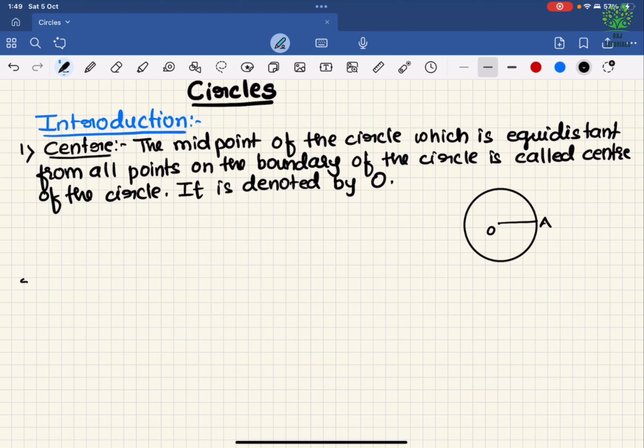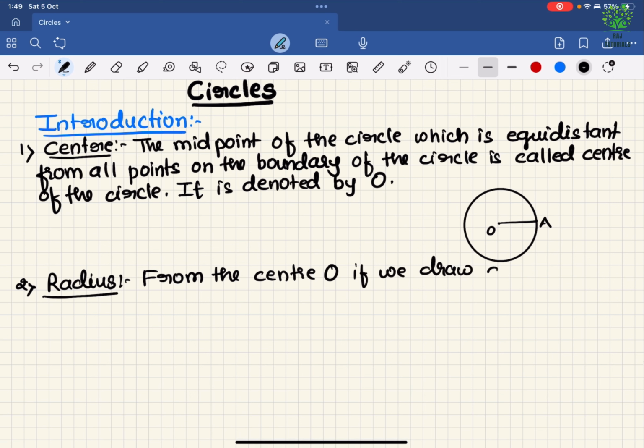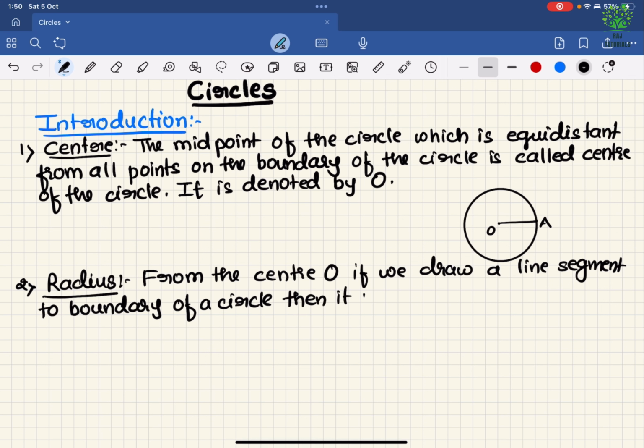Then second point which is there, that is radius. Now the definition of radius: from the center O, if we draw a line segment to boundary of a circle, then it is called a radius.